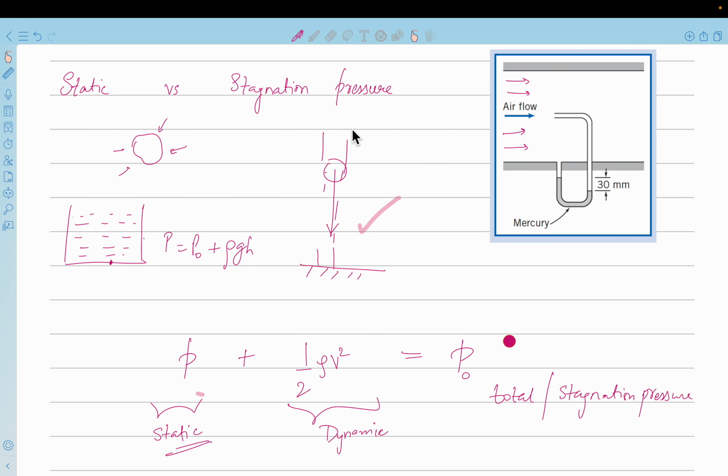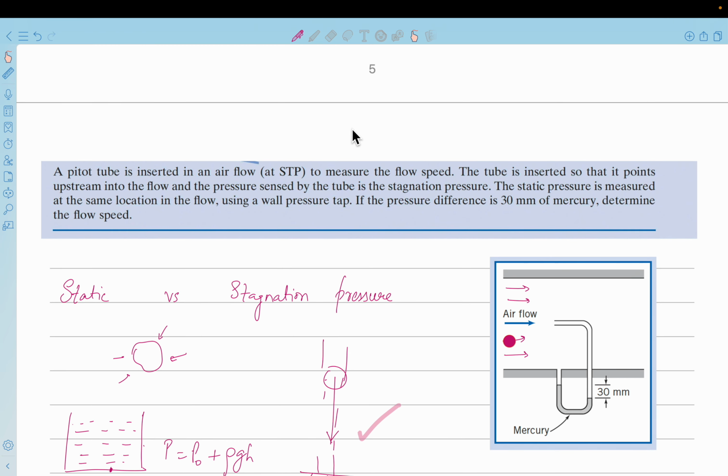Now the question says we are measuring static and stagnation pressure at these locations, and the static pressure is measured at the same location in the flow using a wall pressure tap. If the pressure difference is 30 mm of mercury, you have to determine the flow speed.